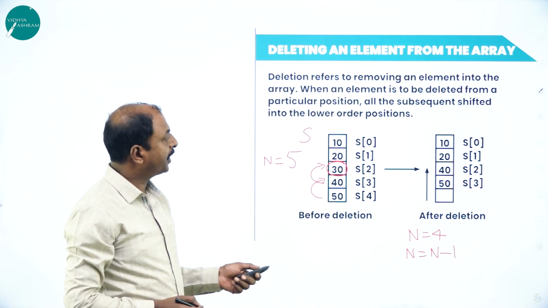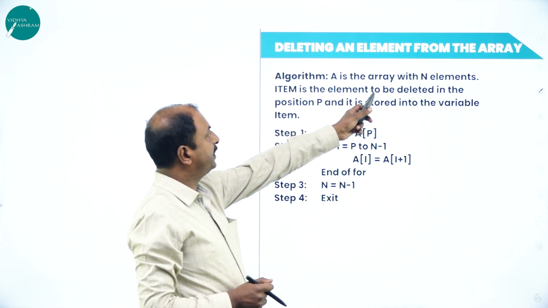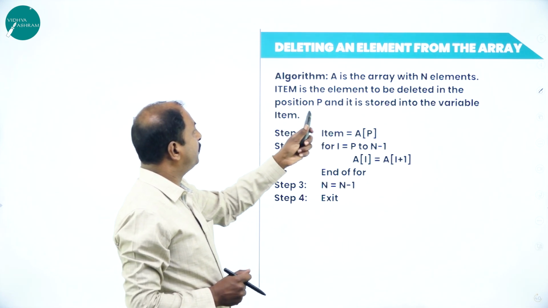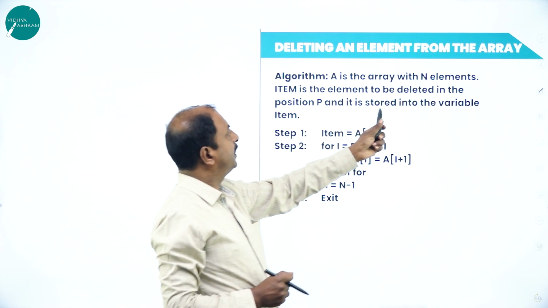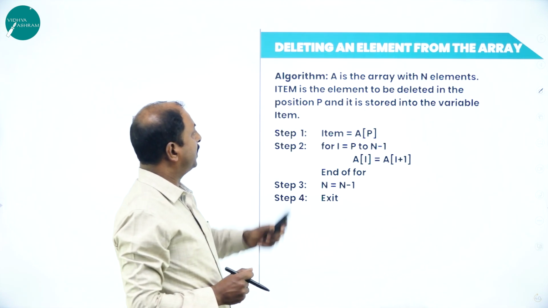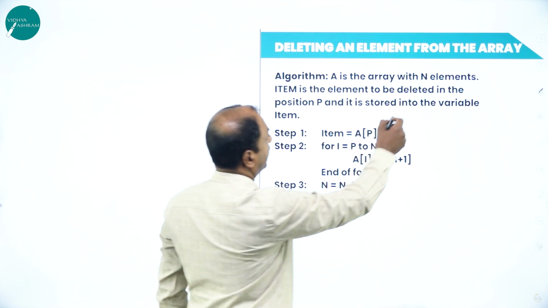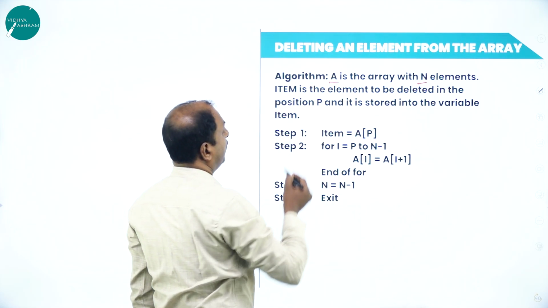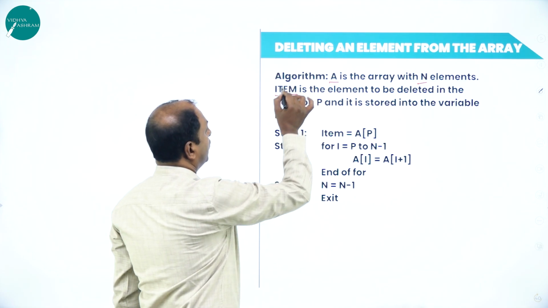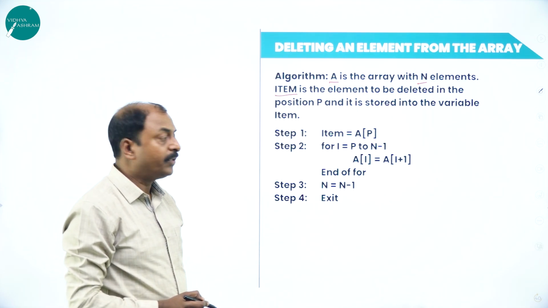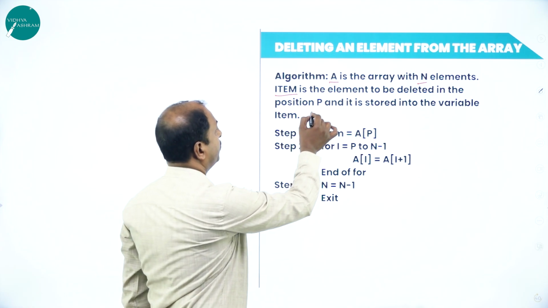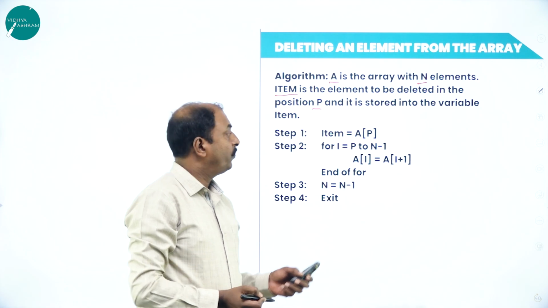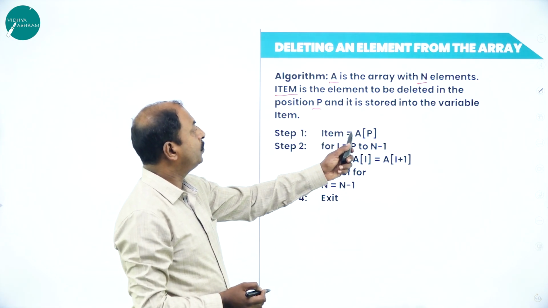Now look at the algorithm for this. Let A be an array with n elements. Item is the element to be deleted at the position P, and it is stored in the variable item. As we said in the previous example, n is the size of the array, A is the name of the array, and item is the element to be deleted from the array at the position P. Now, the first step is item equals A[P].